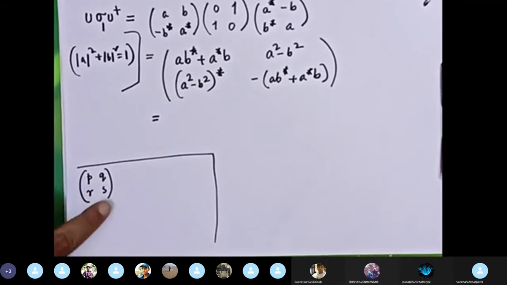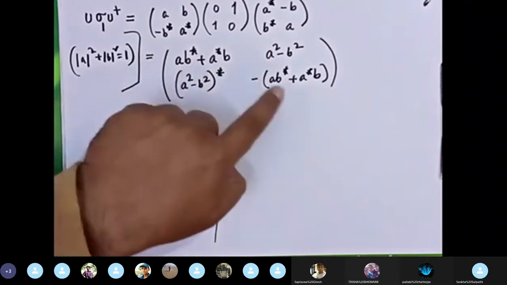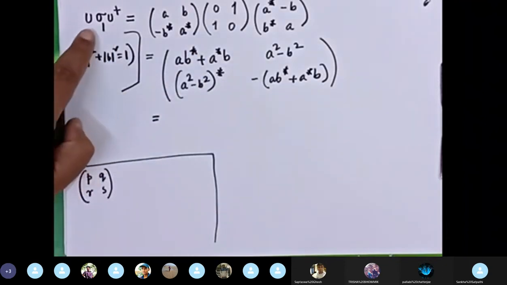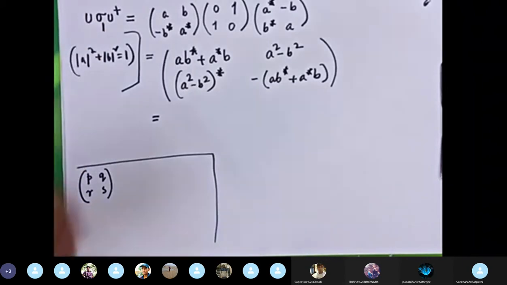Traceless means P should be equal to minus S, P and S should be opposite. U sigma U dagger is obviously a traceless Hermitian matrix, since sigma itself is traceless.